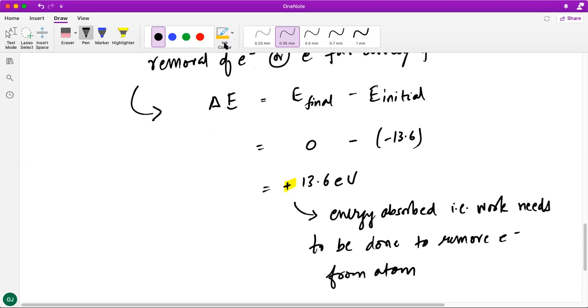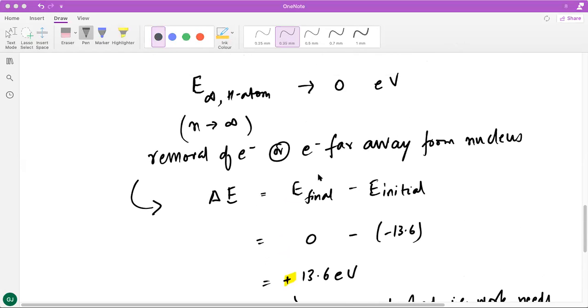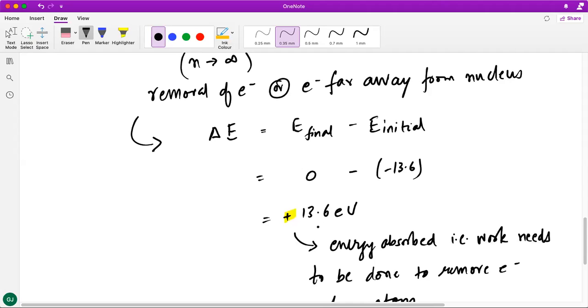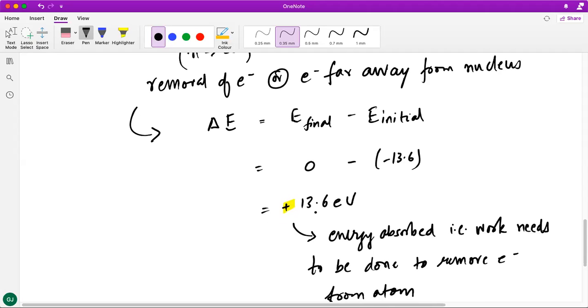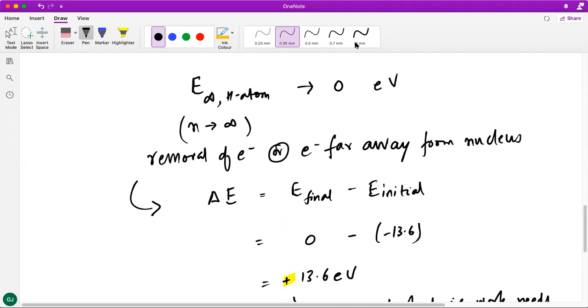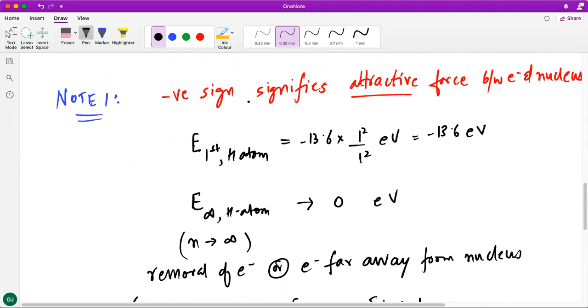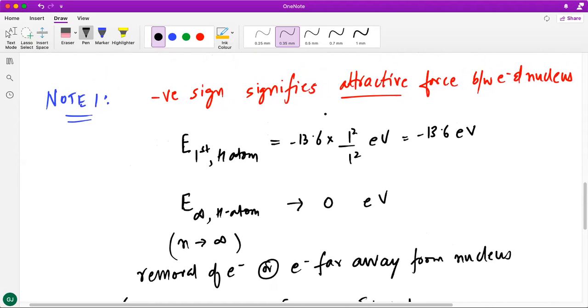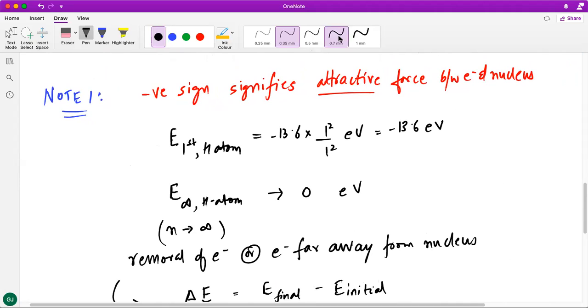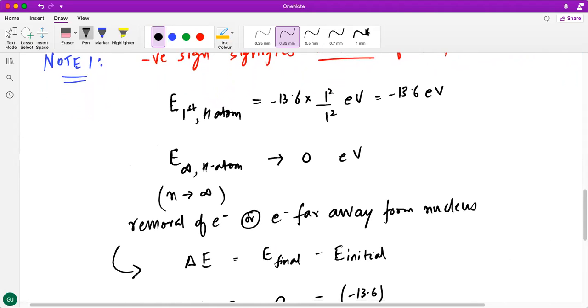So I would need to supply this much energy so as to eject the electron out of the atom, and that is where the negative sign signifies that there is attractive force between electron and nucleus.